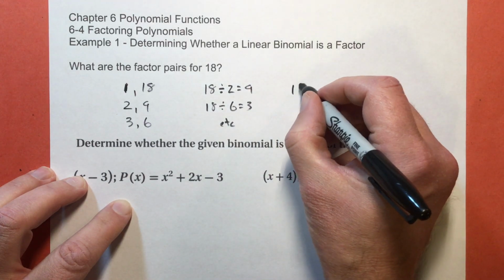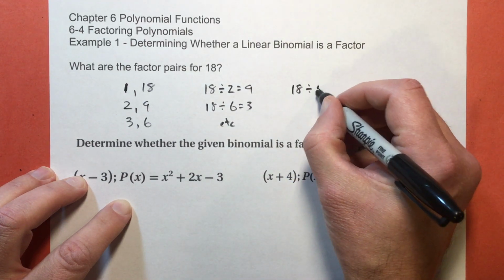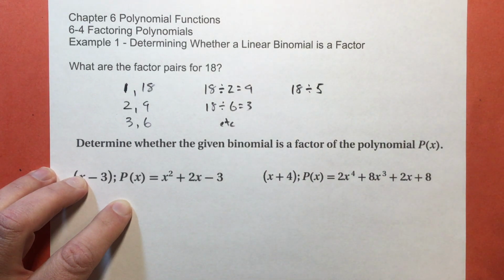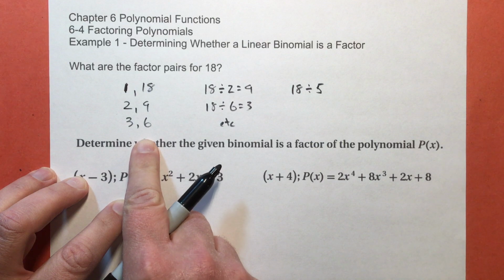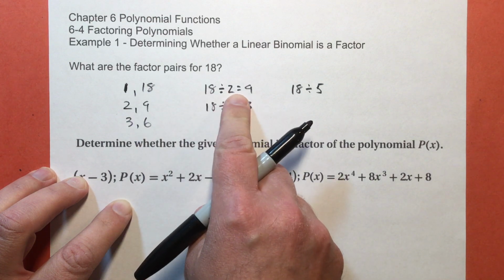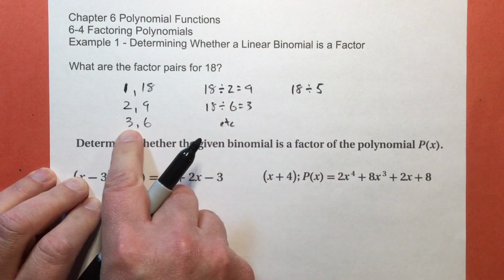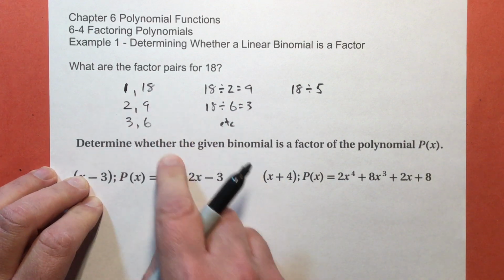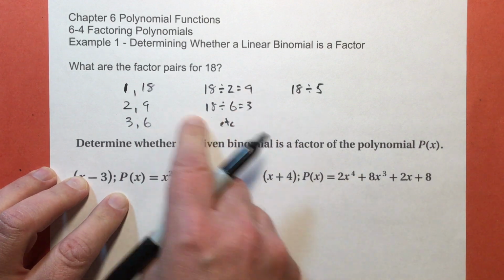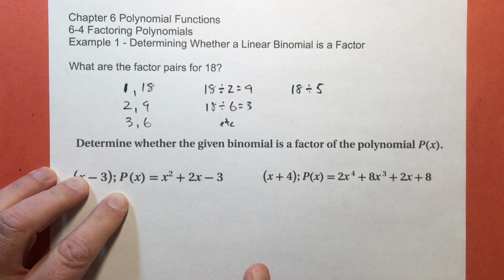What if I said 18 divided by 5? Now, looking at this, you say, well, 5 is not one of the numbers I have over here, my factor pairs. Unlike 18 divided by 2, or 18 divided by 6, or 18 divided by 3, or 18 divided by 9, or even 18 divided by 1 or 18. When I divide, I get the other factor pair. But it's what I don't get that's important.